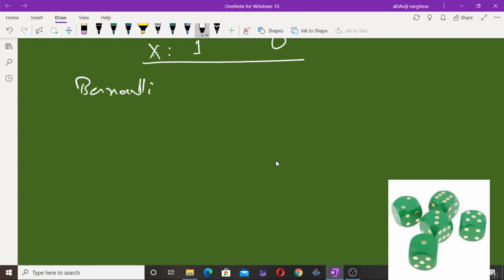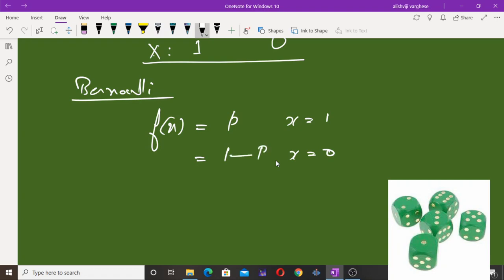And if you write down the probability density function of a Bernoulli random variable, f of x can take two values: x can be equal to 1 or x can be equal to 0. And if the probability of success is p, then the probability of failure is naturally 1 minus p. So p is a value between 0 and 1.